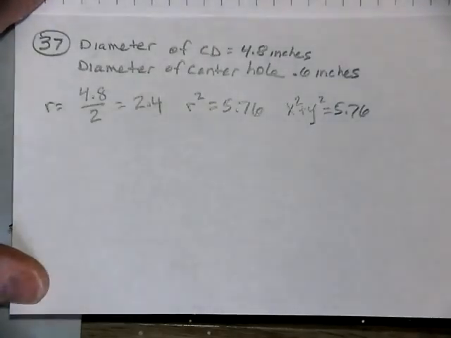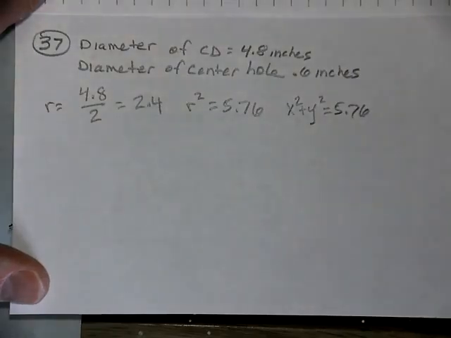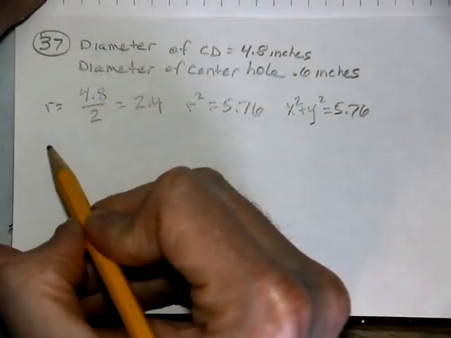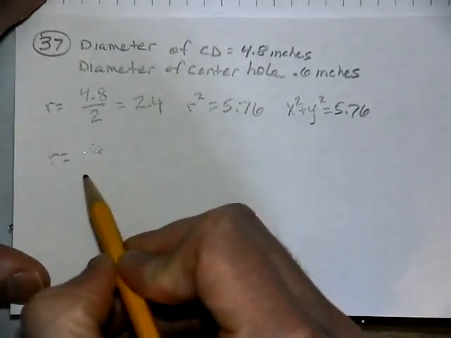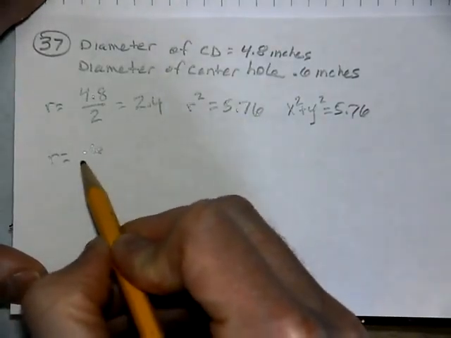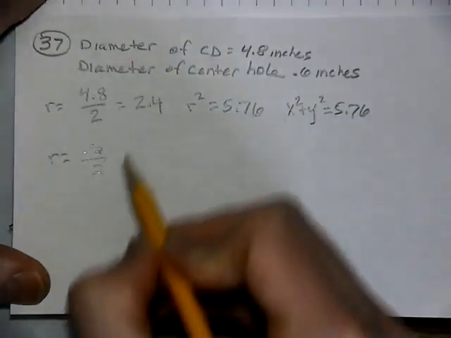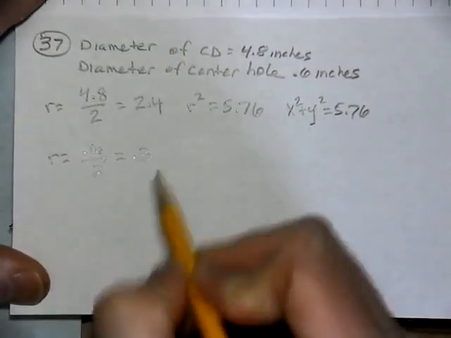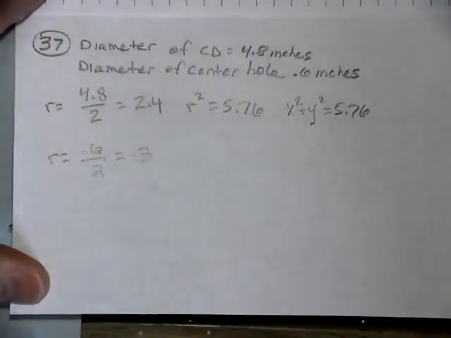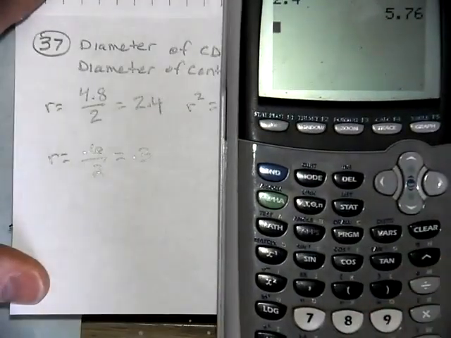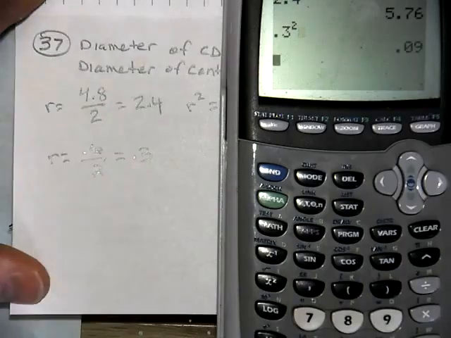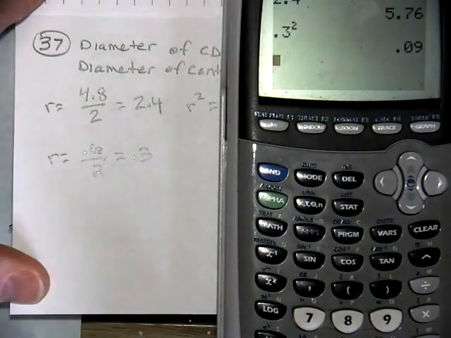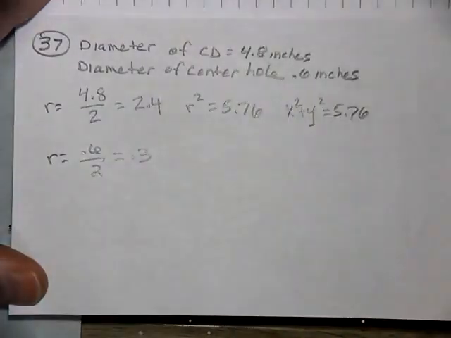And then when we have the hole of the CD, it has a diameter of 0.6, so we have to divide that by 2 to figure out the radius, so that's going to come up to be 0.3. And when you square 0.3, that's going to be 0.3 times 0.3, which is 0.9, but you move the decimal spot over 2, so it's actually 0.09.